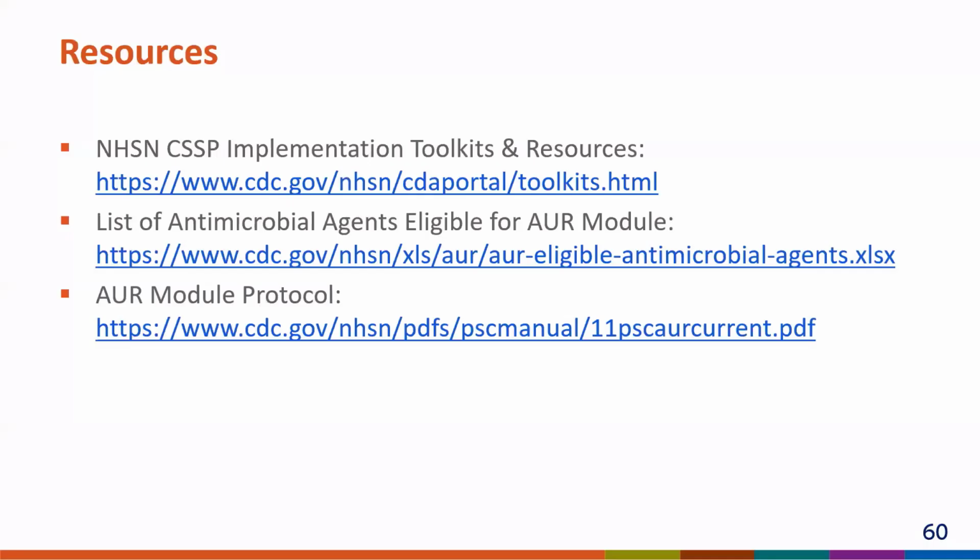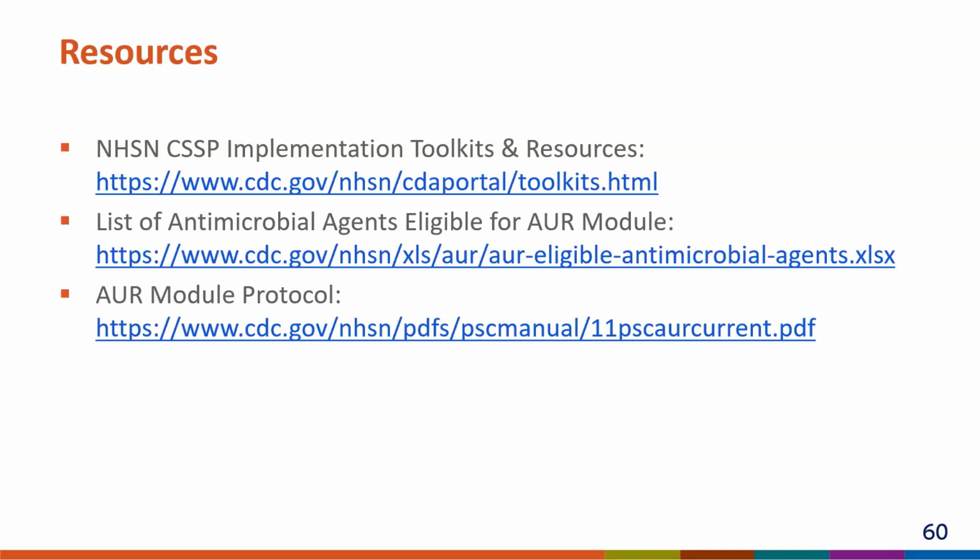Okay, so that concludes the bulk of our presentation. We wanted to highlight a few resources for you to put them all in one place. Next slide, please. The NHSN CSSP, that stands for CDA Submission Support Portal. Specifically, there's a web page for implementation toolkits and resources linked here. On that page at the very top, you'll find a section for AUR.